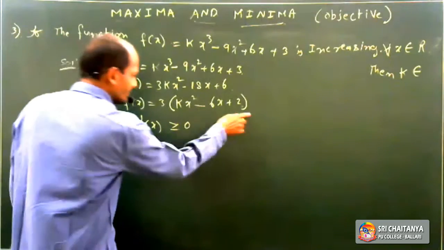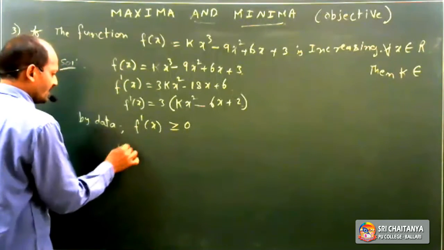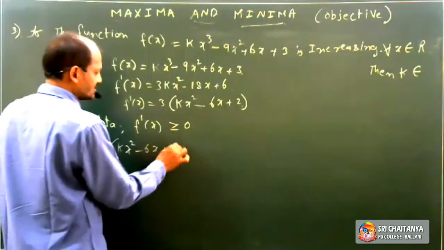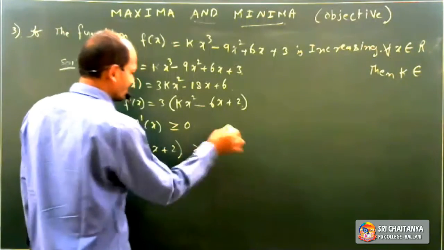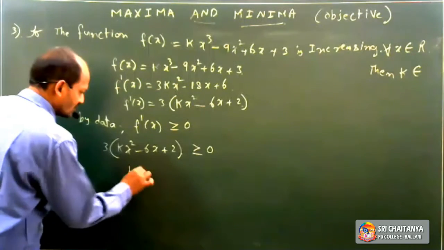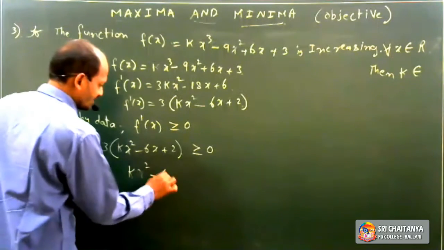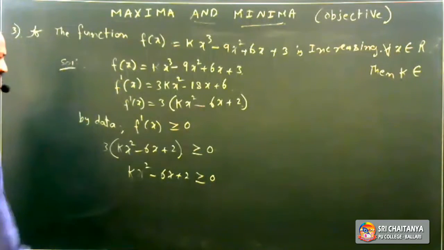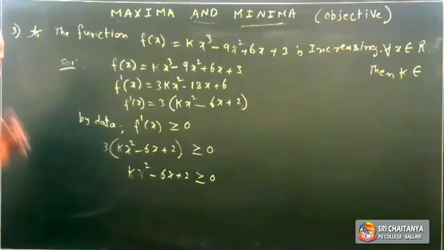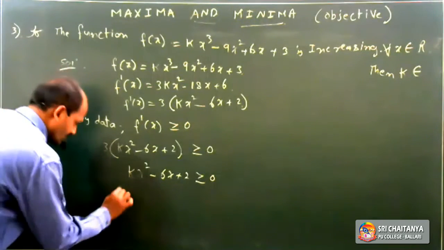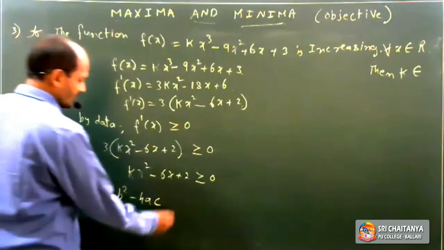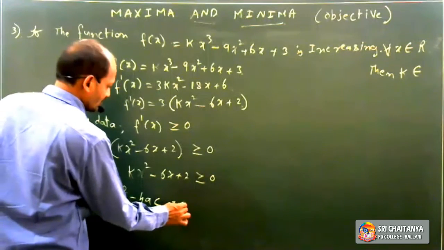So 3 into kx square minus 6x plus 2 is greater than or equal to 0. So kx square minus 6x plus 2 is greater than or equal to 0. Okay? Then the discriminant b square minus 4ac is equal to 0.